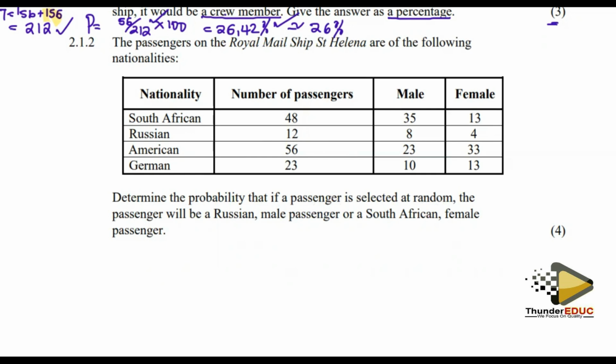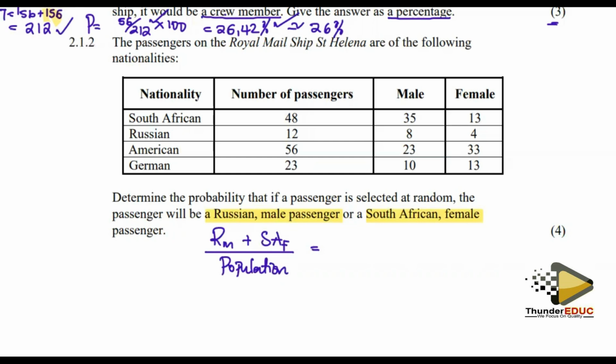As I told you, remember probability, we're looking at the population and the sample. The sample here is Russian male, South African female. What we do, we get the Russian male, I'll write it like RM, plus the SA female, over the total number of people that we are looking at, which we shall call the population.